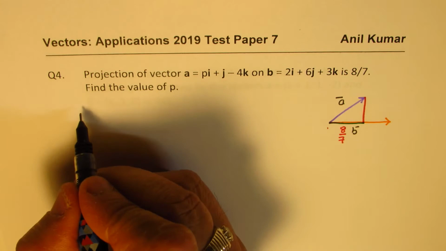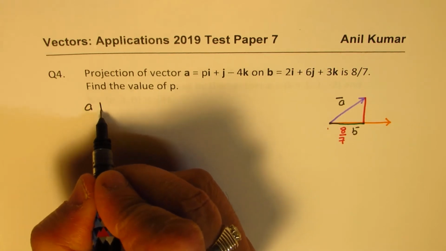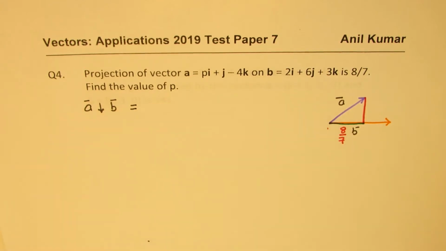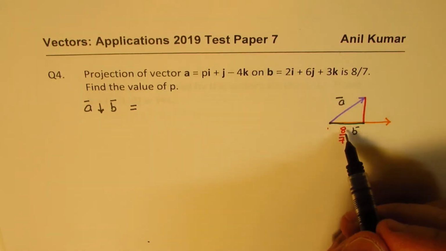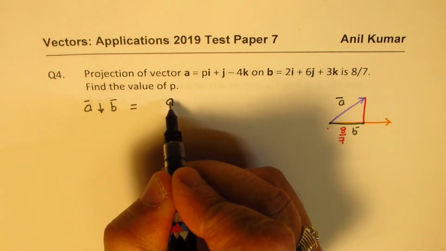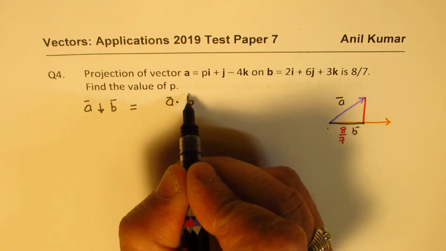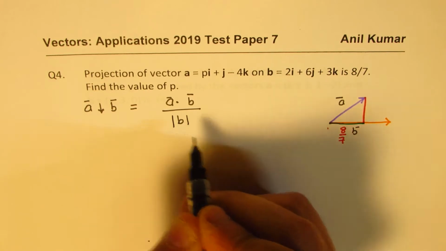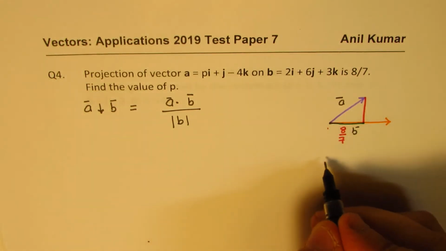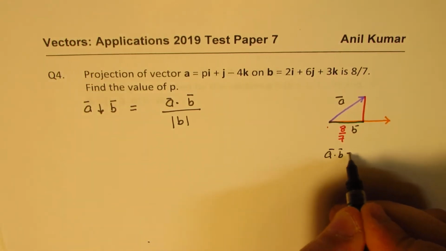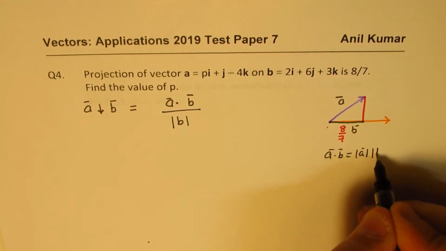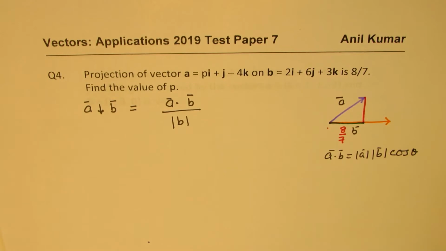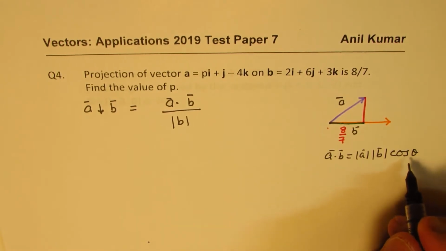Now vector A projection on vector B basically means A dot B divided by the magnitude of B. Now how do we derive this? There is a very short derivation. Let's look into this. The dot product basically is the magnitudes' product times cosine of theta.